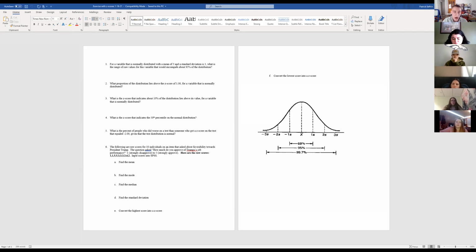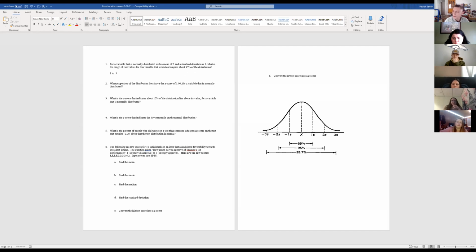If you go up, 3 plus 2, the highest number would be a 5. And if you go down 2 from 3, that would be a 1. And so 1 to 5 would be the range of raw values that would encompass 95% of the distribution.